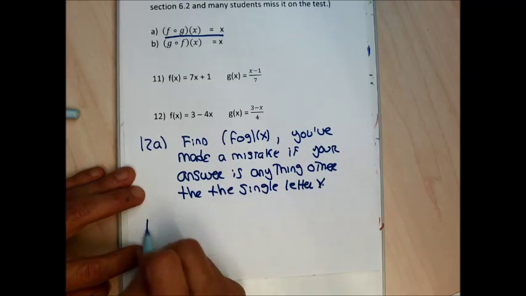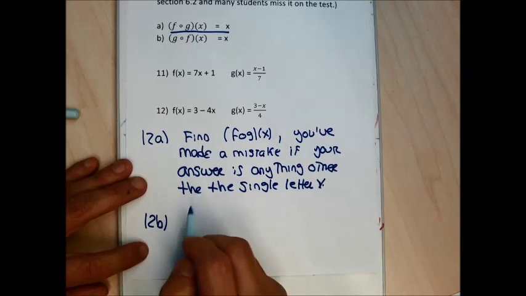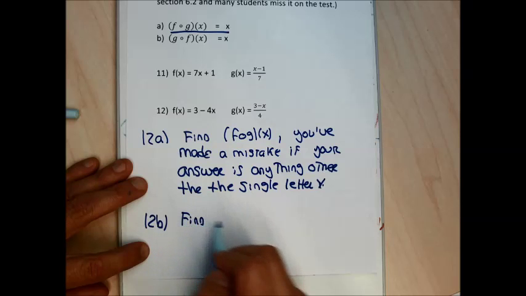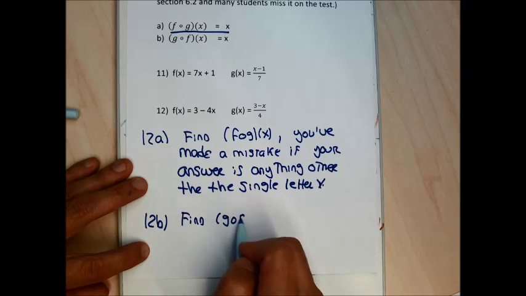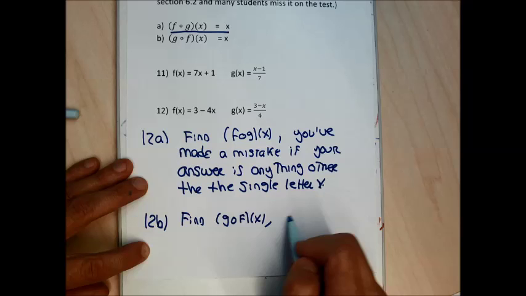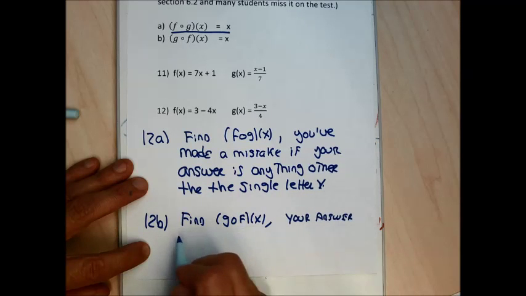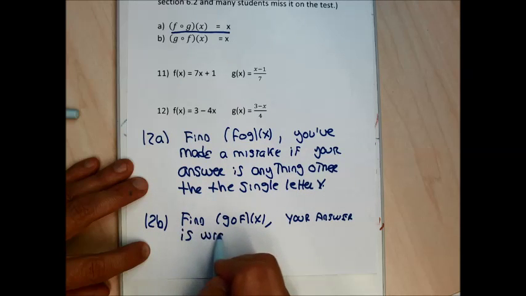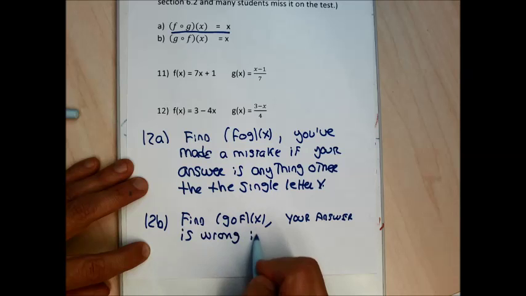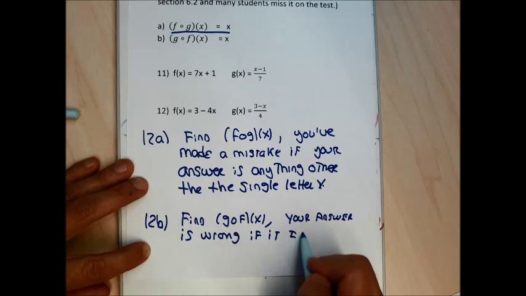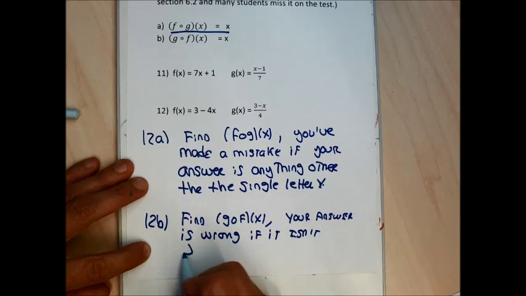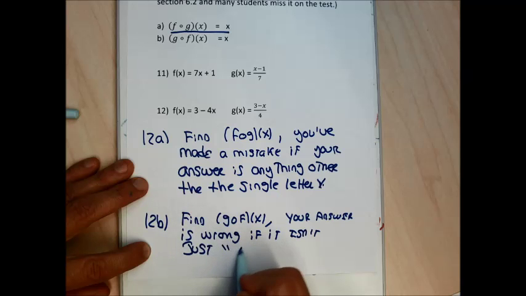Similarly, 12b could be written find g composed with f of x, and your answer, I'll just say something a little bit shorter, is wrong if it isn't just x.